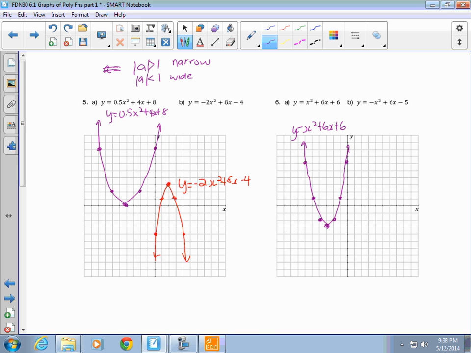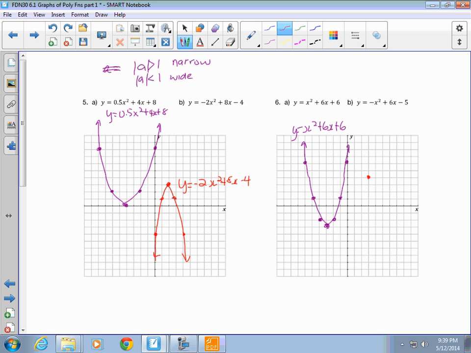For b, I've got a negative value, so I know my graph's going to go down. I know it's going to be a normal width because the absolute value of a is equal to 1. So the vertex is at 1, 2, 3, and 4.